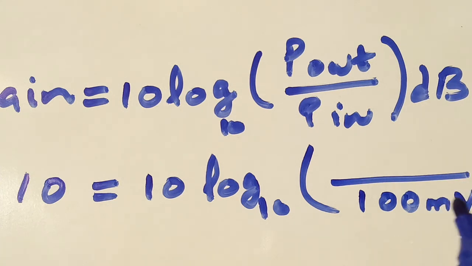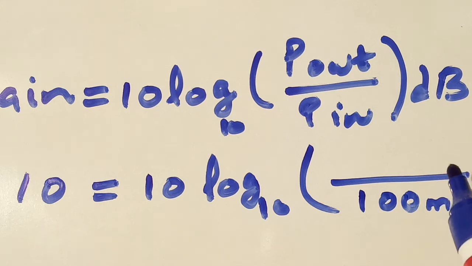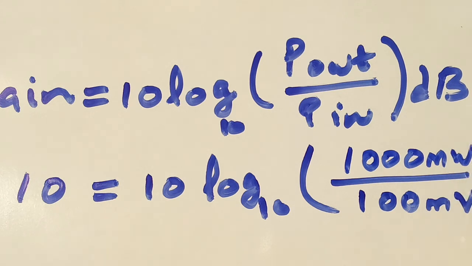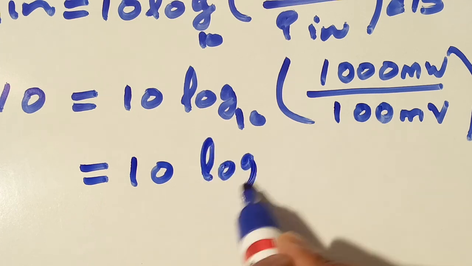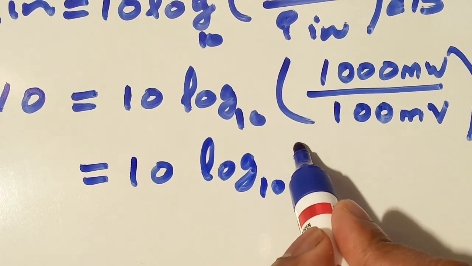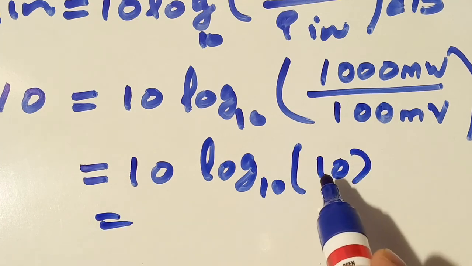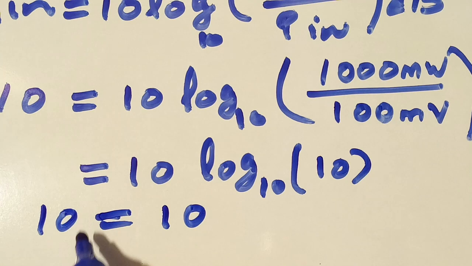If we consider power out as 1000 milliwatt, what happens? 10 log 10 equals 10 log 10 of 10. Log 10 to the base 10 equals 1, so the answer is 10. So our LHS and RHS are the same.